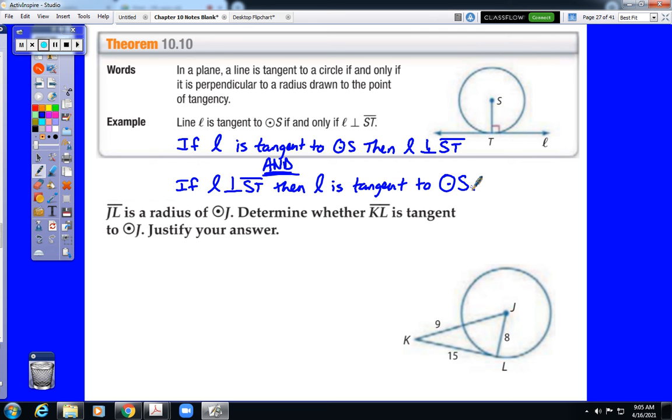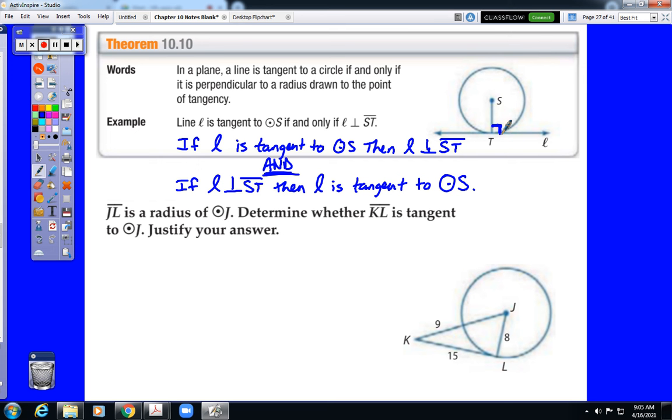It means both of those statements are true. So in other words, if line L in this picture is tangent to the circle, we will always have a boxy here. That will always be a 90-degree angle, which is going to be key to what we're doing. Okay? So we're going to look at a couple of different applications of this rule going in both directions.